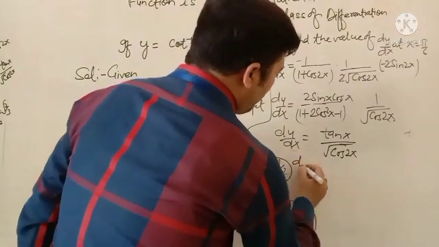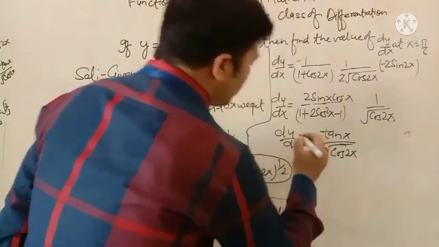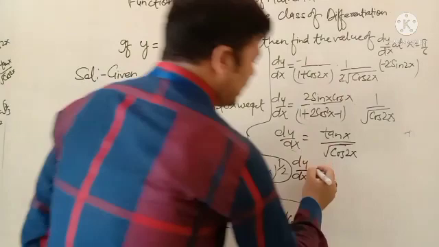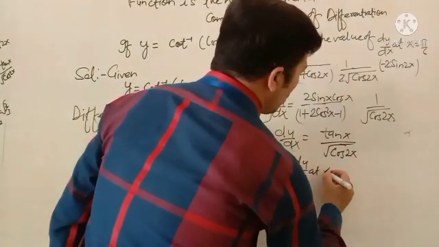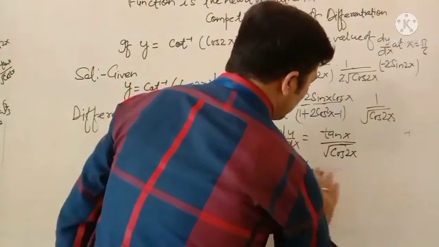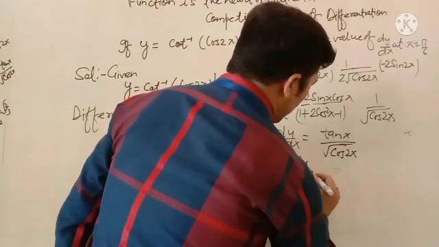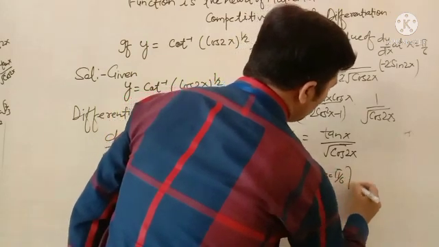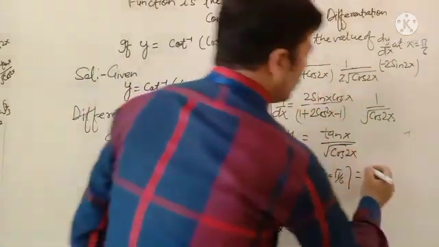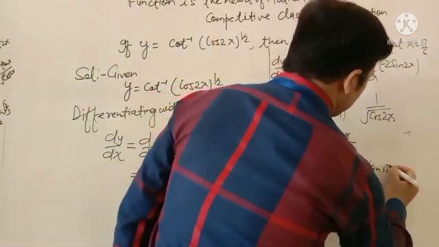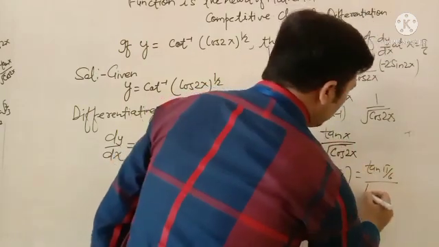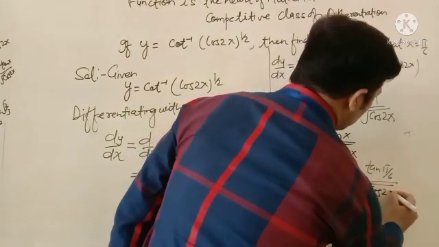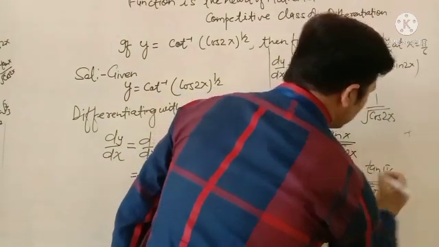Now you need to find the value of dy upon dx at x is equal to pi by 6. You need to put the value of x: tan pi by 6 upon root cos of 2 into pi by 6.